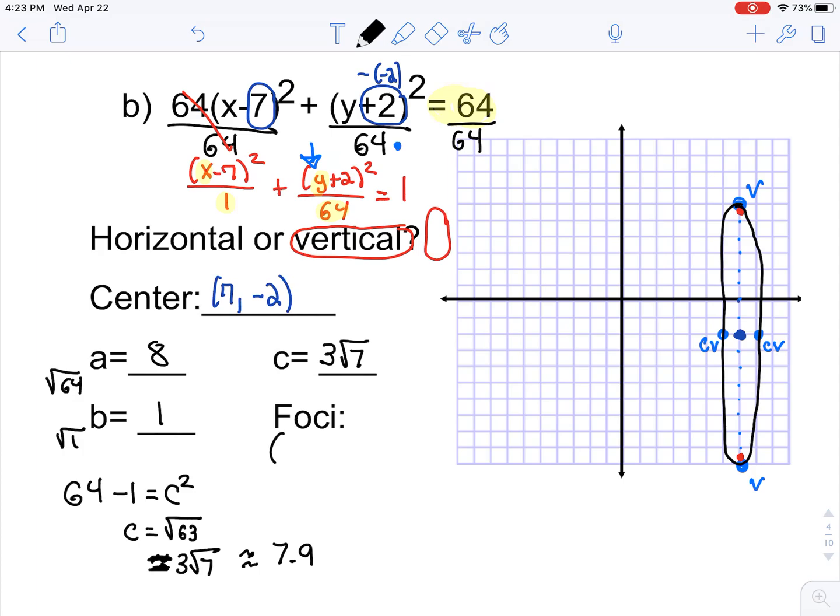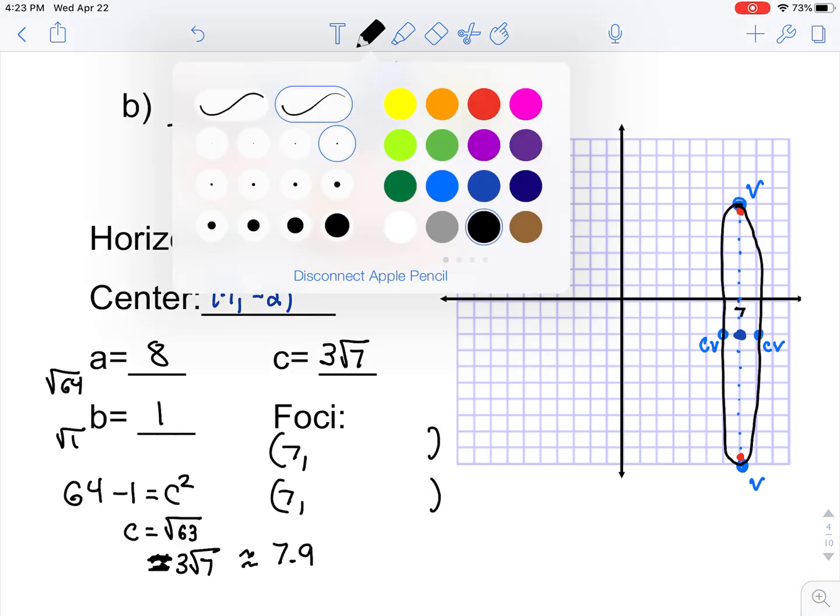When I'm naming my focal points now, I always start by looking for what they have in common. Both of these focal points are going to have the same x value of 7. So I'm not going to change that x value at all. But for my y value, think about where you started.